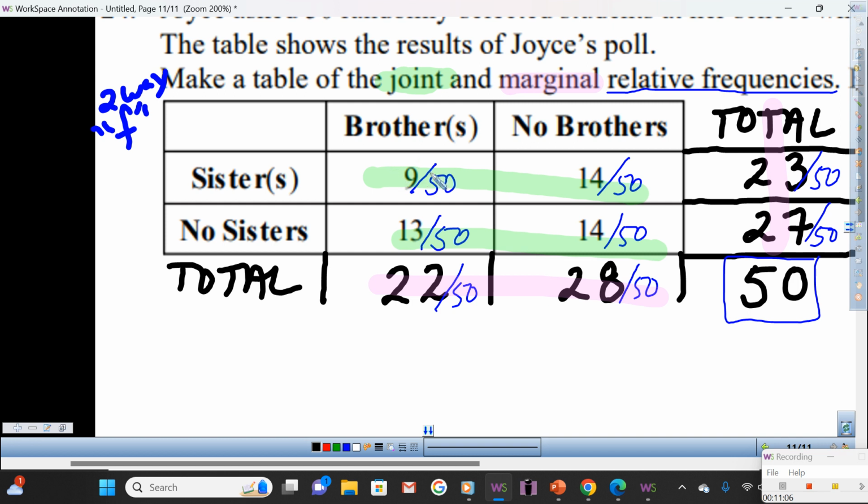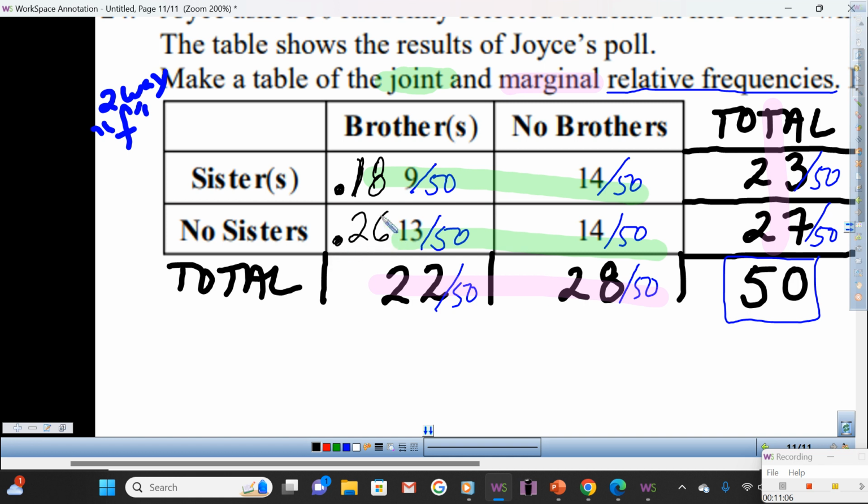All right, give us the first one. This one right here. Alex, go. 0.18, that is correct. This one right here, 0.26.